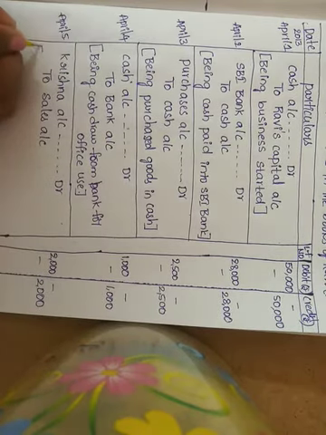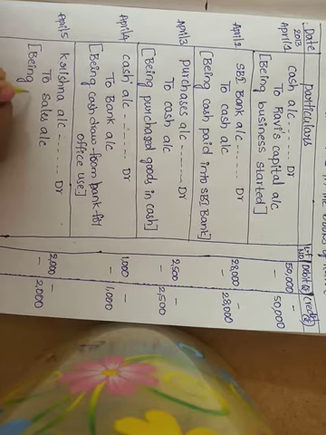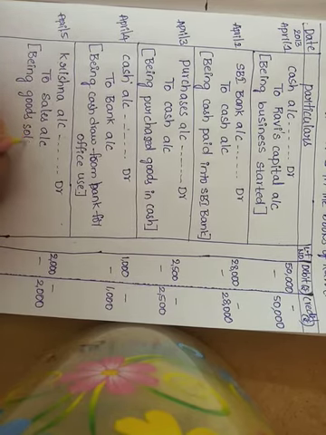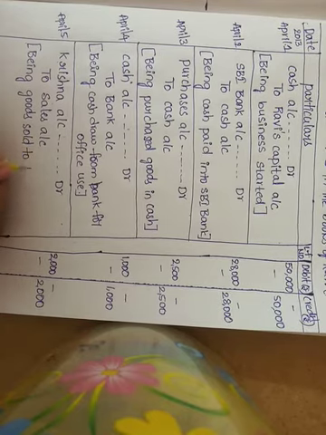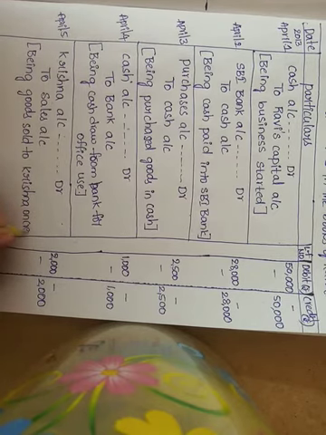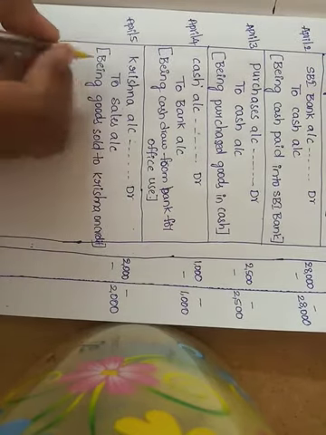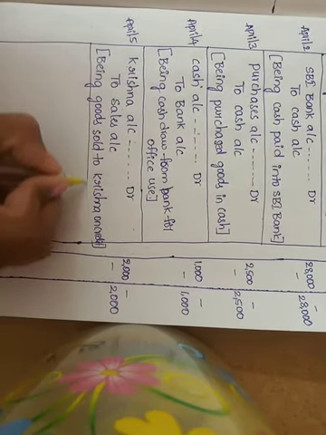So narration is being goods sold to Krishna on credit.